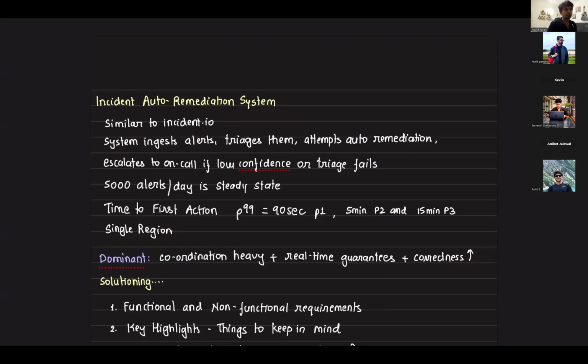Awesome. It's 10:04. And now we start with the system where we design an incident auto remediation system. The idea is when you get an outage, and a lot of companies are actually trying to build this, by the time the on-call engineer comes, you should have the first set of triages ready so that your life becomes simpler, right?